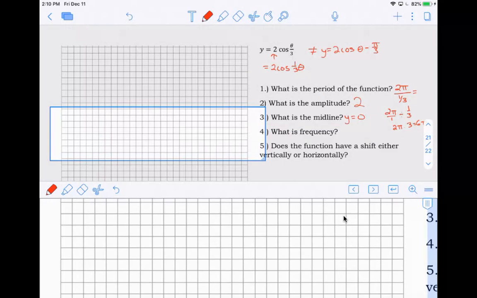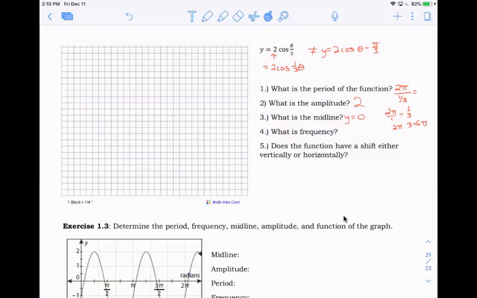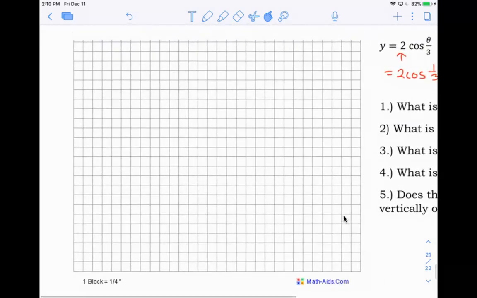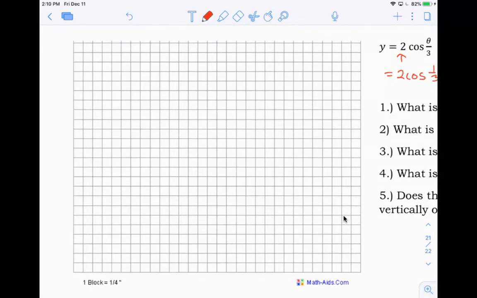So what I'm going to do is be very careful here, and evenly spread this out so that I can see 6 pi on my axes. So here's my x-axis. I think there's about 30 dots here. So I'm going to count out about 24 and then make every 4 boxes a pi. So 1, 2, 3, 4.